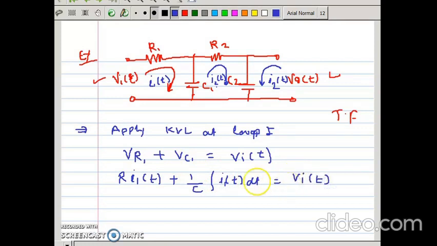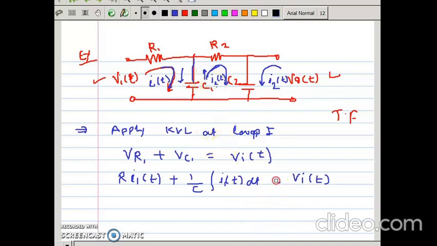Again, we are making one mistake here. See, from C1 there are two currents flowing. One is I1 from this side, right, and the second one is I2 from this side. So this branch of C1 carries two types of current, and both current directions are opposite. I1 is going down through C1 and I2 is going up through C1, right?